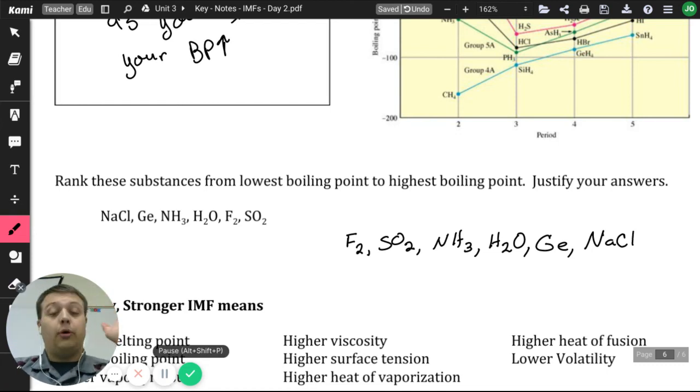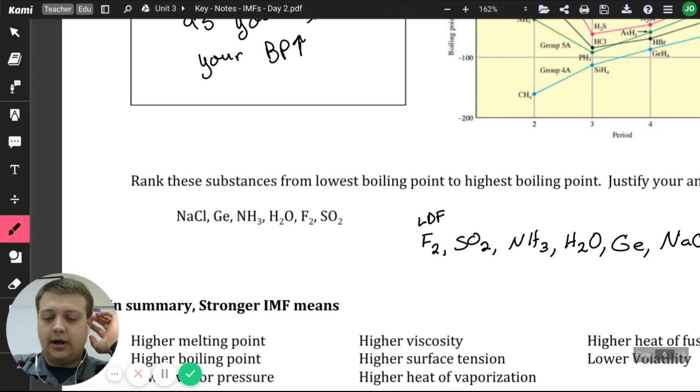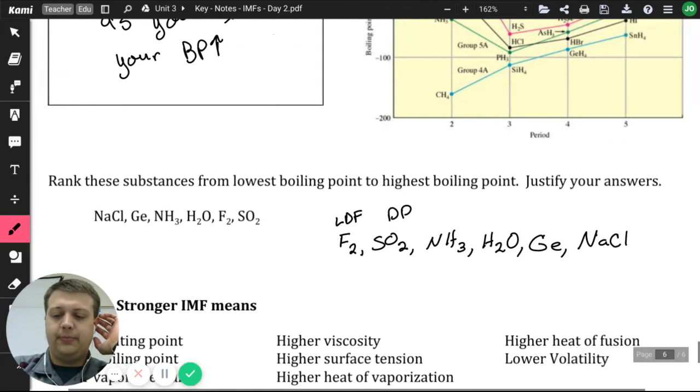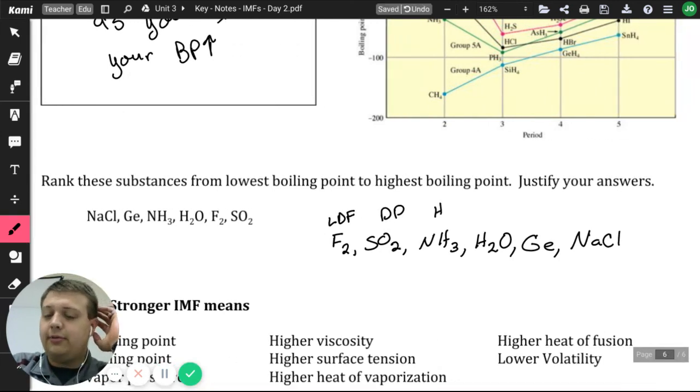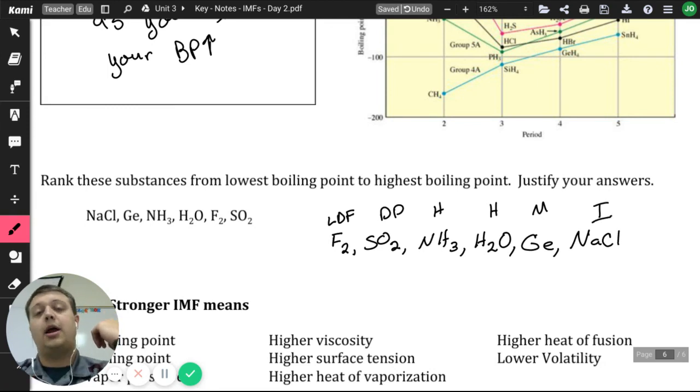Okay, so how did we get that? Well, looking back, your fluorine has LDF. Sulfur dioxide is dipole-dipole. NH3 is hydrogen bonding. H2O is hydrogen bonding. Germanium is going to have properties of a metallic bond. And then NaCl is going to be ionic.